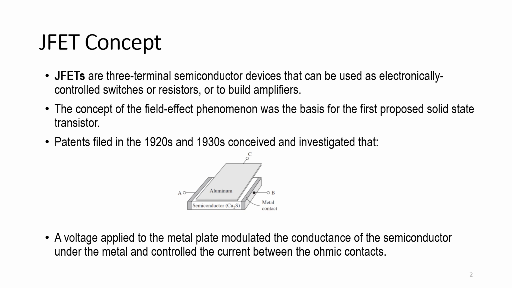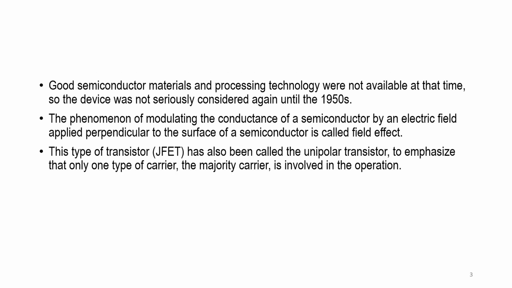The applied voltage can also control the current between the ohmic contacts. Good semiconductor materials and processing technology were not available during that time. It was not really popular and not seriously considered until 1950.